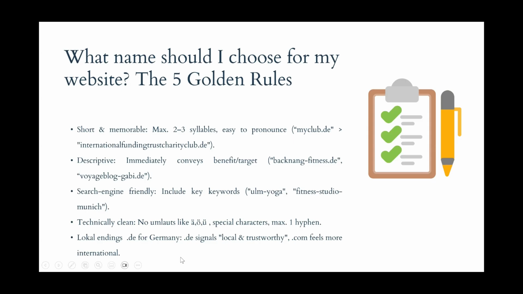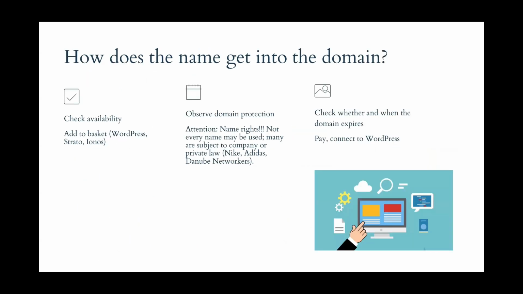And when you live in Germany or you live in another country, the endings like de or ru or uk for Ukraine, they signal it's a local website, it's trustworthy. For example, like net and com, it's more international, but when you choose a local ending of your address, it's more trustworthy.